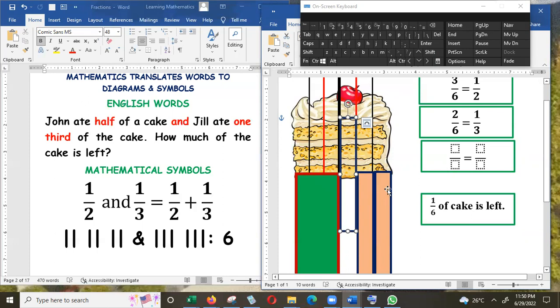What I can do, I can highlight 1/3 a little bit. All right, look, 1/3 right there. This is 1/3. Okay, 1/3 is the same as 2/6.